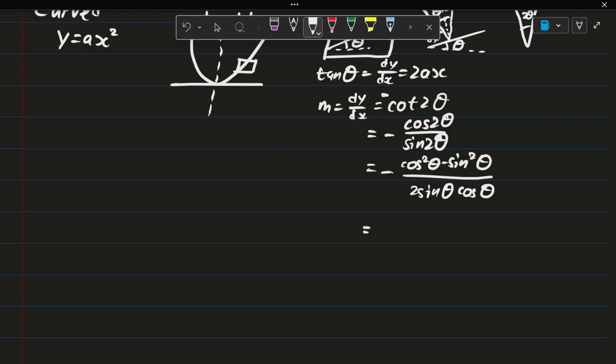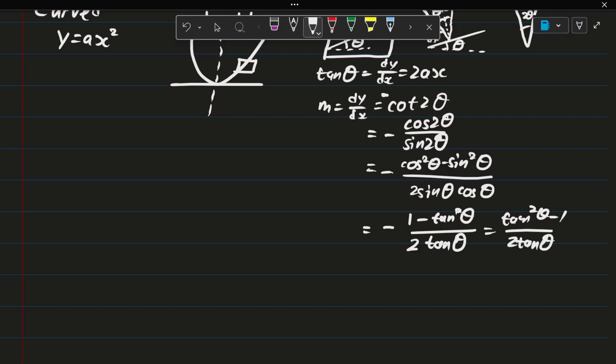So we could divide the top and the bottom by cosine squared theta. Sorry, we divide everything by cosine squared theta, which means this is going to be tangent squared theta minus 1 over 2 tangent theta.